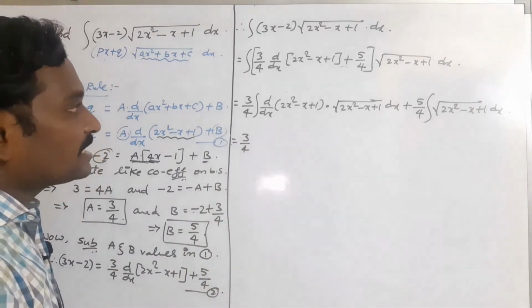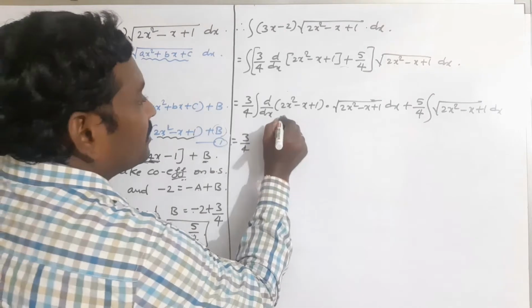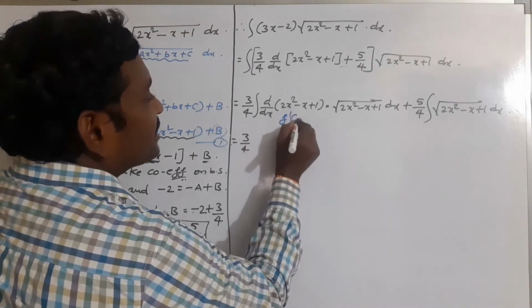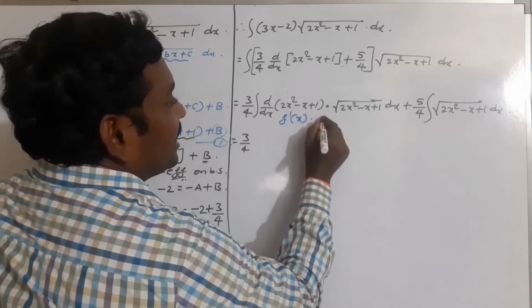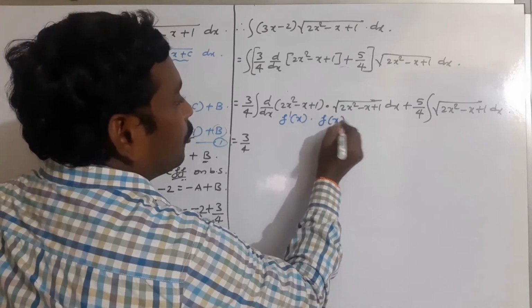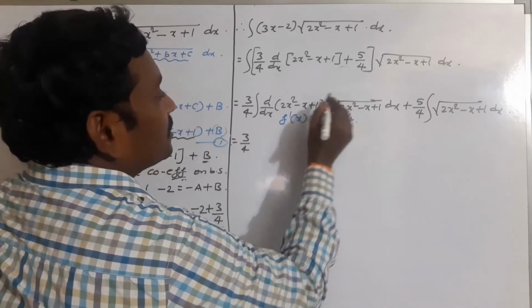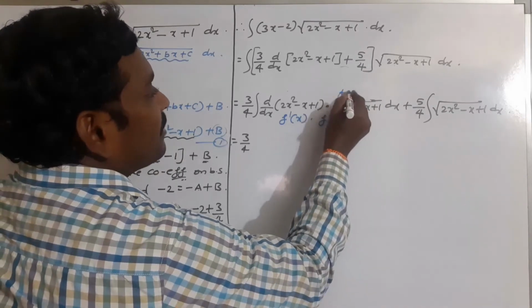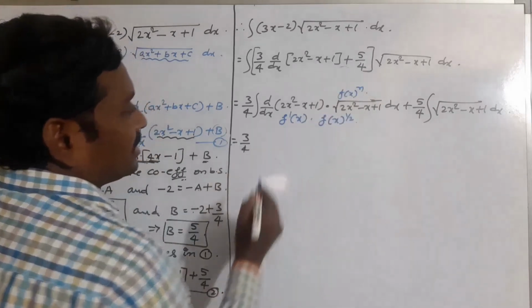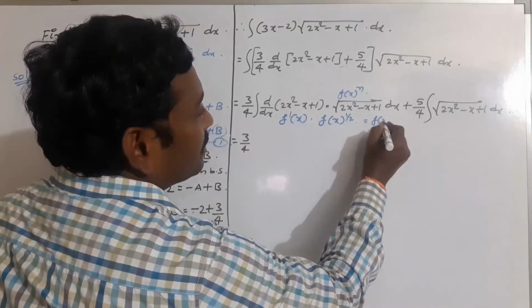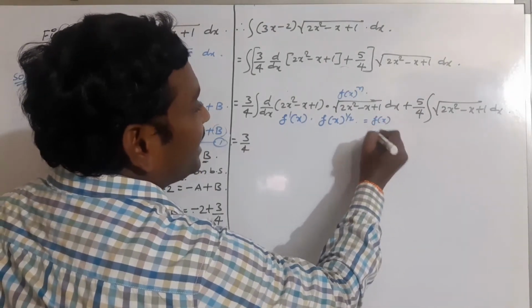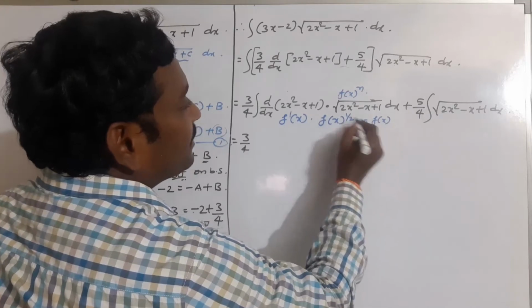We are observing that this is in the form of the derivative, which is f dash of x, and what is this? f of x whole power 1 by 2. It means that it is in the form of f of x whole power n. What is the formula for this one? f of x whole power n plus 1 by n plus 1, but n is nothing but 1 by 2.